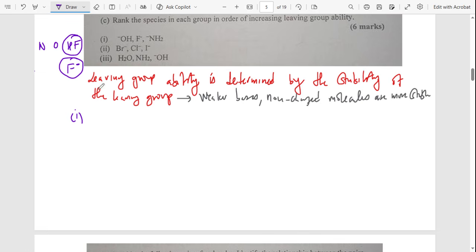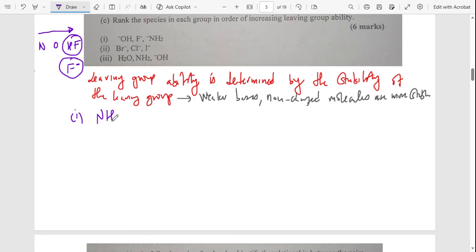Okay, so rank in order of increasing leaving group ability. Because the acidity increases as you go in this direction, hydrogen fluoride will be the strongest acid, so it's going to form the weakest base. And weakest bases are the best leaving groups. Hope you get that. So the N is going to be the weakest when it comes to leaving group.